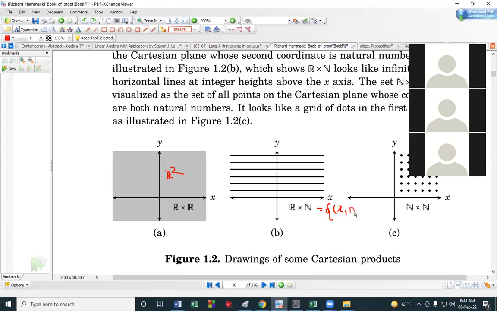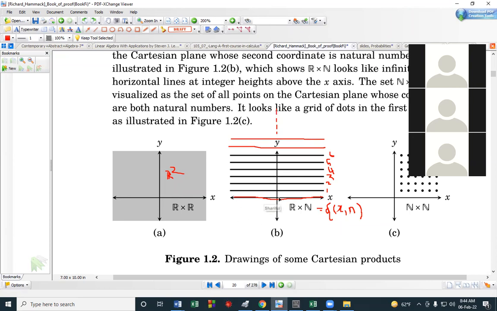So this is an N. If x varies continuously on this line, that means x can take any real value, while y, the second component, takes only the values 1, 2, 3, 4, 5, 6, and you can have more, let's say 7, 8, and so on.